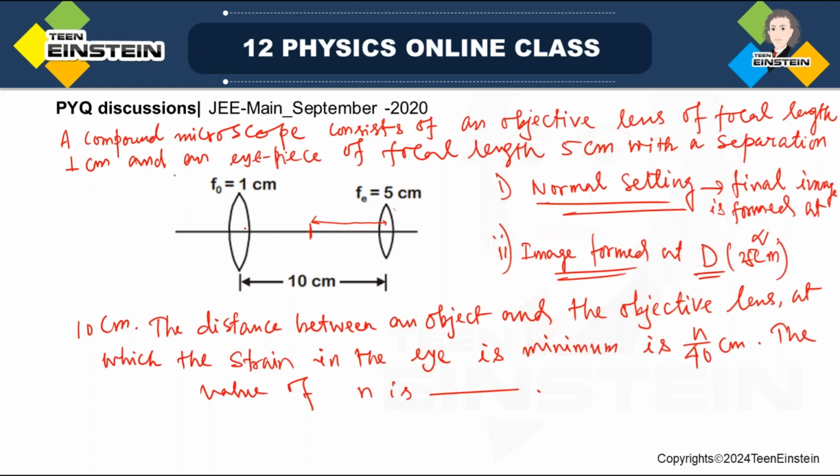The image formed by the objective must fall exactly at the focus of the eyepiece, so that the final image is at infinity. For that we have to keep the object at a certain distance, which we have to find out. So this is the idea.